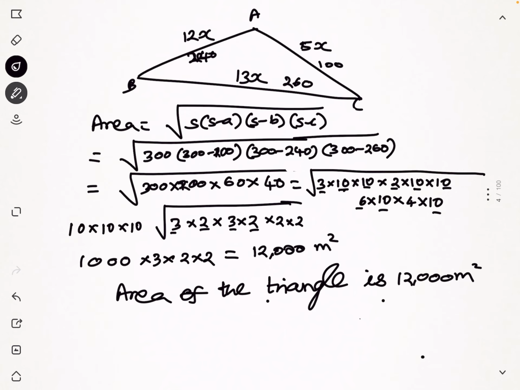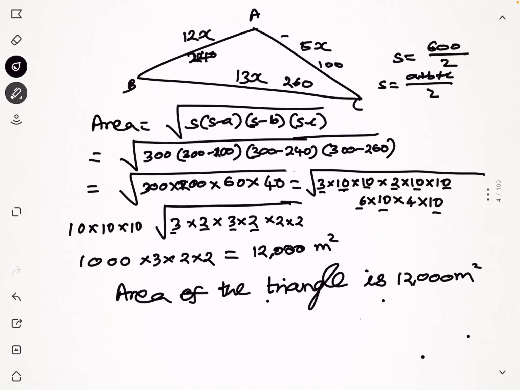The sides are in the ratio 5x, 12x and 13x. So we add all of that and equate it to the perimeter, which is 600 meters. From that we calculate the value of s. So s is equal to 600 divided by 2, which is a plus b plus c by 2.